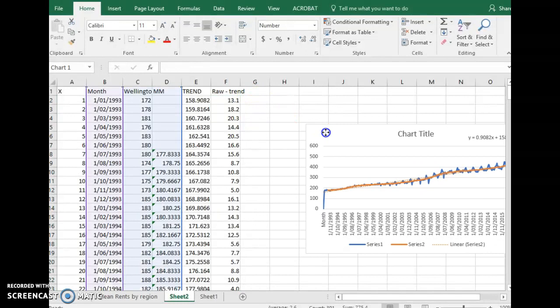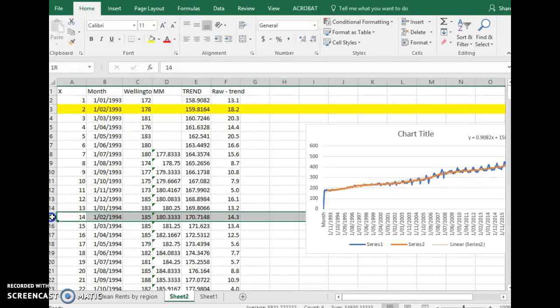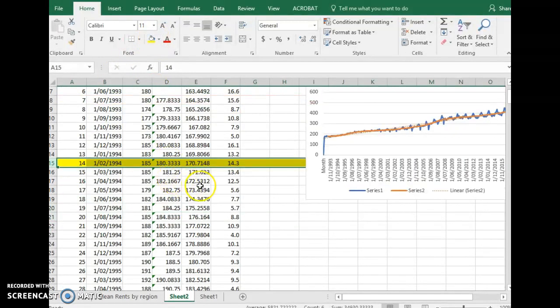Then the next step is to focus on February, because that's where I'm going to predict. So there's a February, and every February, oops, this one, I need to highlight and work out the average above the trend.